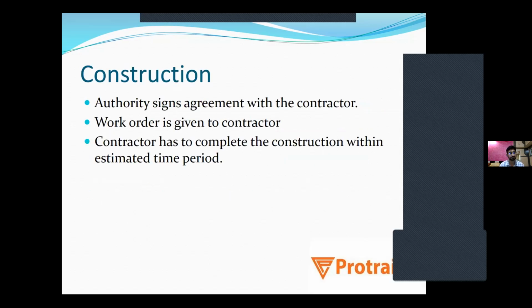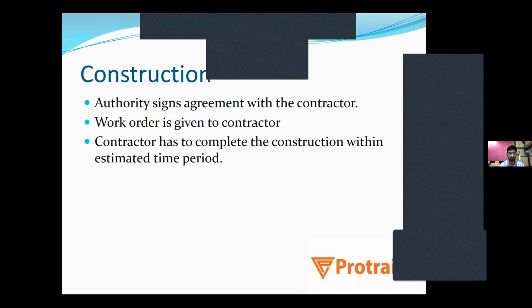And after that, work begins. Before construction work begins, the authority signs the agreement with the contractor. So what does that agreement particularly deal with? Agreement generally consists of the contractor being okay with the terms and conditions of the road, and being familiar with the road, and also a work order is given to the contractor to commence the work.